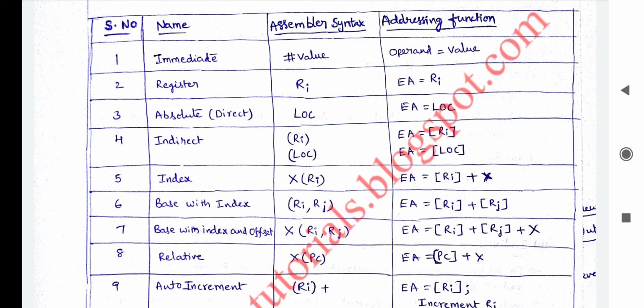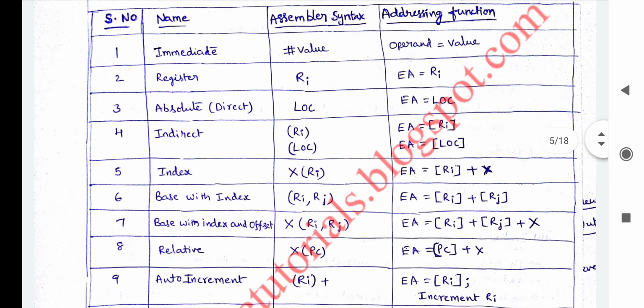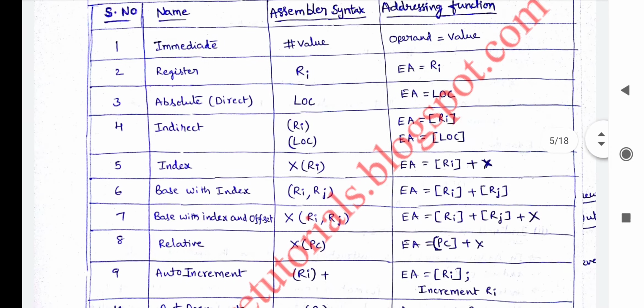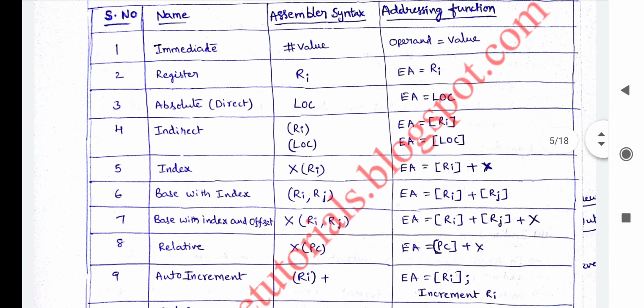You have to observe these direct and indirect addressing modes. I will give you one example. Suppose you want to search for a ball. You ask me, where is the ball?